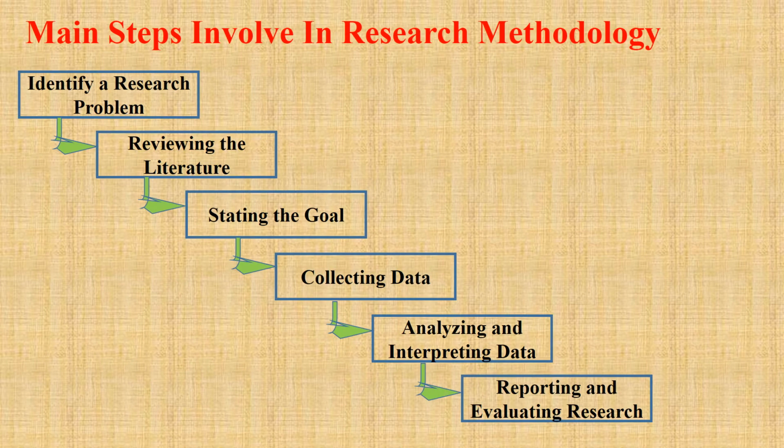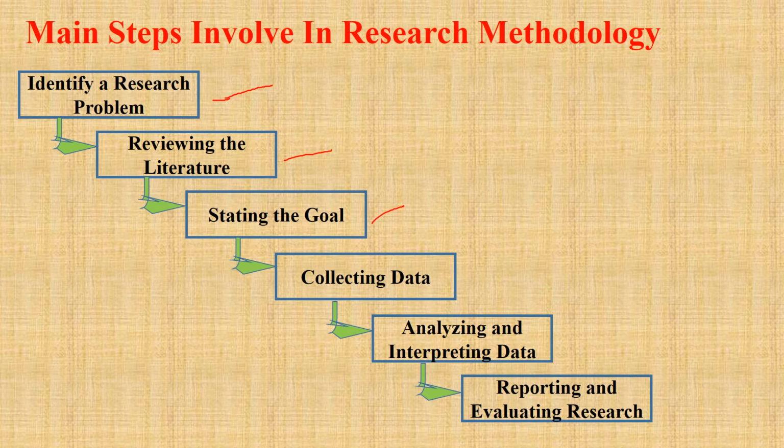Now we'll look at the steps that are involved in research methodology. Firstly, you must identify a research problem. You don't just carry out research for the sake of it. After you identify a problem, you have to do a literature review. After that, you state the purpose or objective of your study.